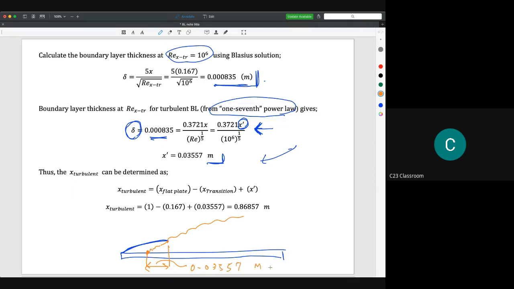Then we can calculate the x value, meaning the distance for the turbulent boundary layer only, from here to here. It can be calculated using 1 minus 0.167, the length of the laminar boundary layer, and then we add 0.03557 to get the total length of the turbulent boundary layer, which is 0.86857 meters.